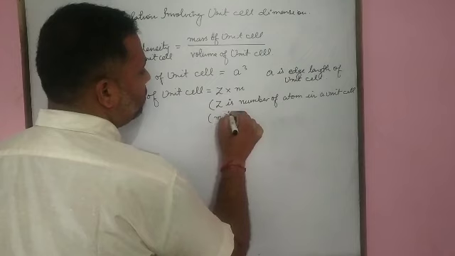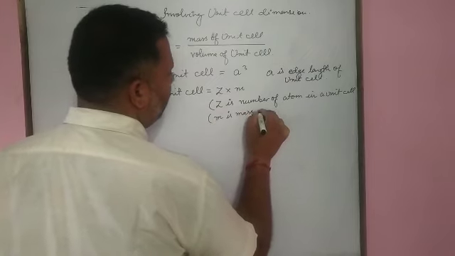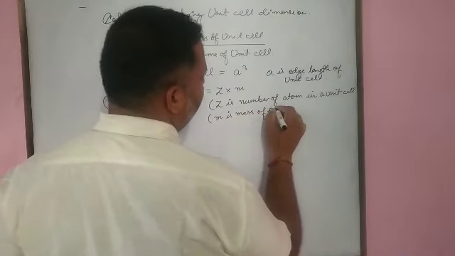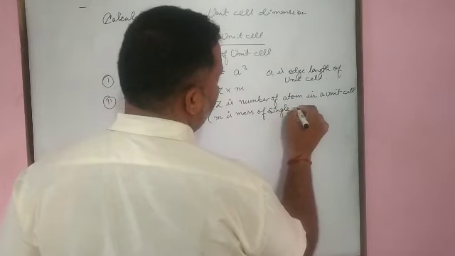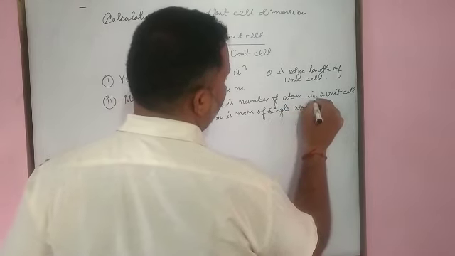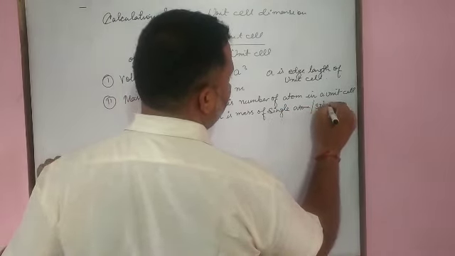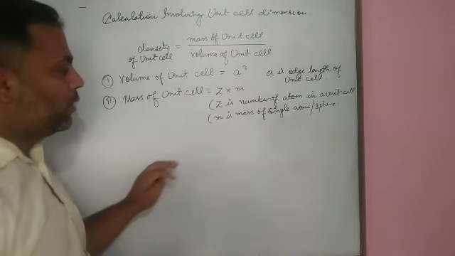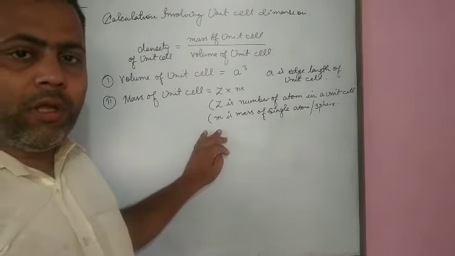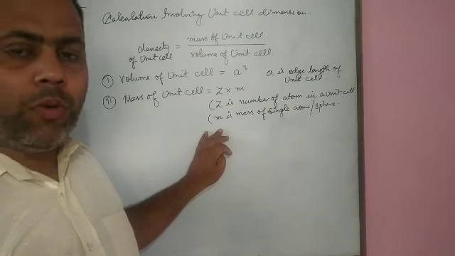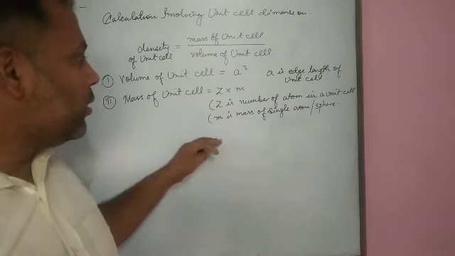Next, what is M? M is the mass of a single atom, or you can say sphere. Can we relate the mass of an atom with its molecular mass? Yes, let us see.